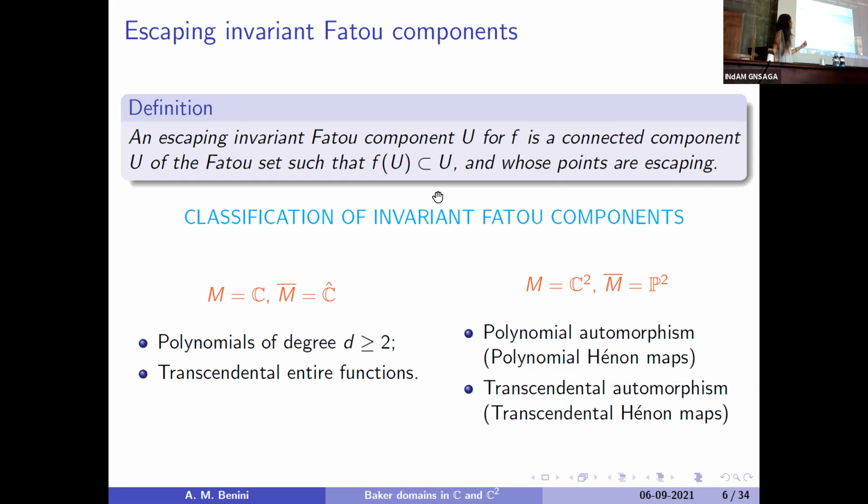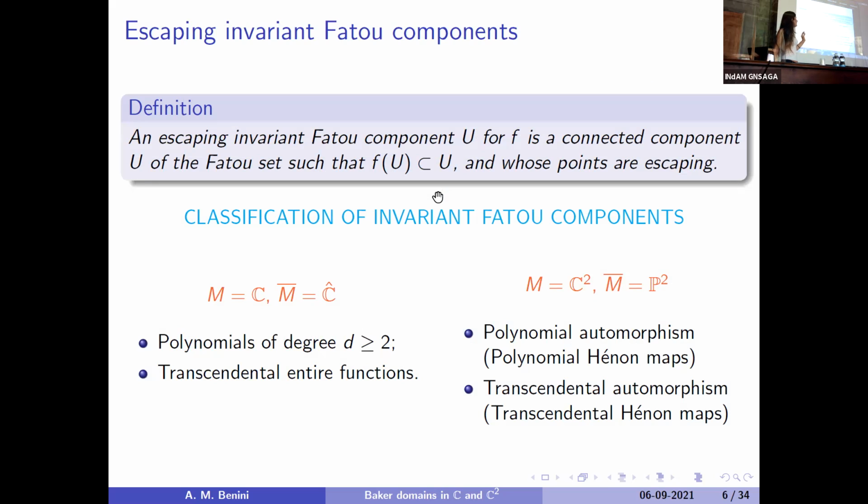We will consider two different cases of automorphisms of C2: polynomial automorphisms, where you can reduce to a special case called polynomial Henon maps, and transcendental automorphisms of C2, where we reduce to a special case called transcendental Henon maps.